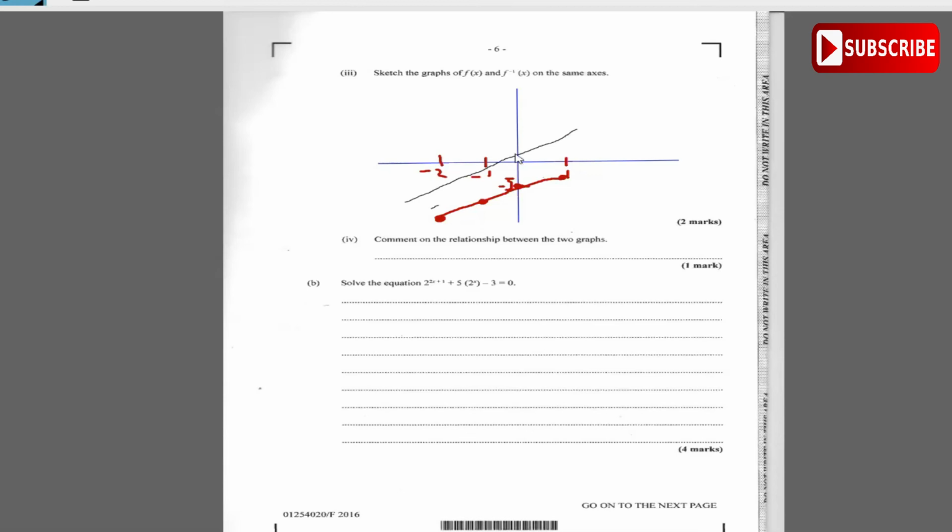So let me put 5 over 2 here, and label them: this is F inverse and this is F. Comment on the two: they are a reflection of each other in the line y equal to x.